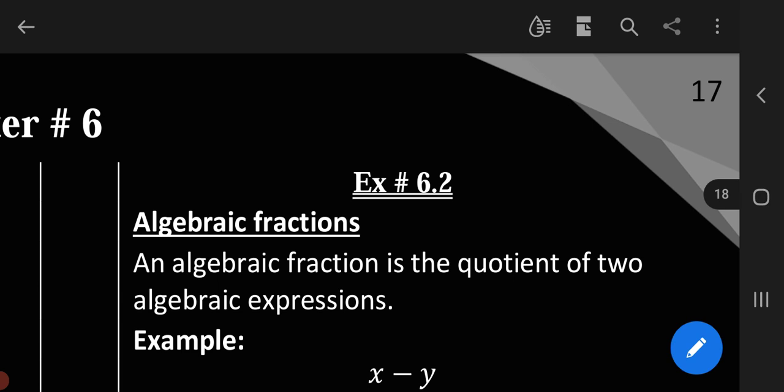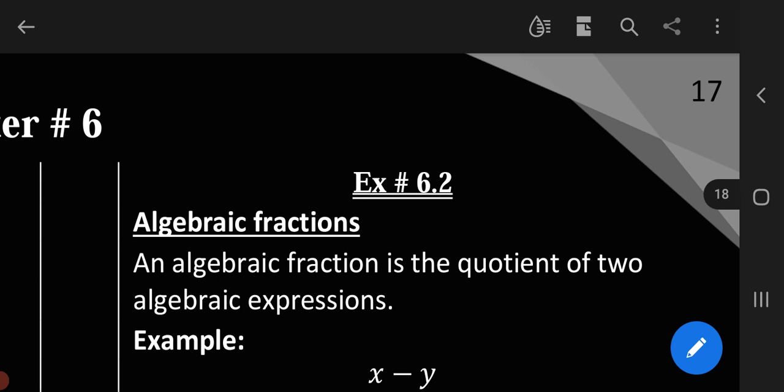But we can say that every polynomial is an algebraic expression, while every algebraic expression may or may not be a polynomial, because the power of the variable in an algebraic expression may be positive, negative, a fraction, or in decimal form.